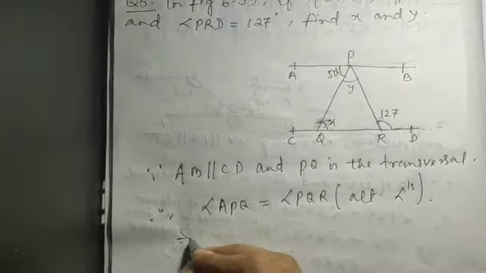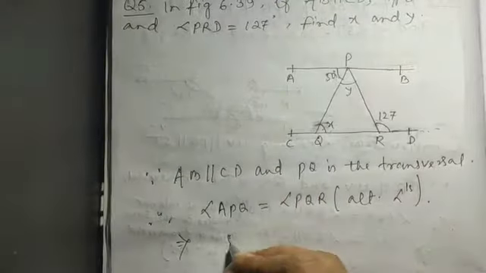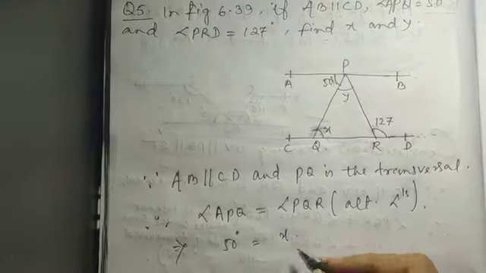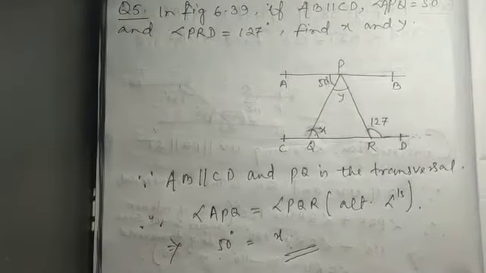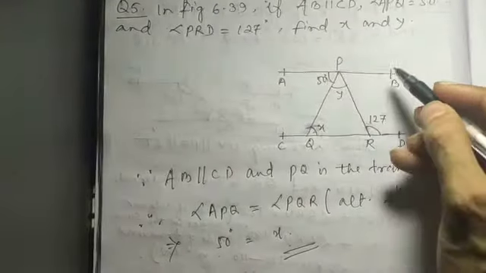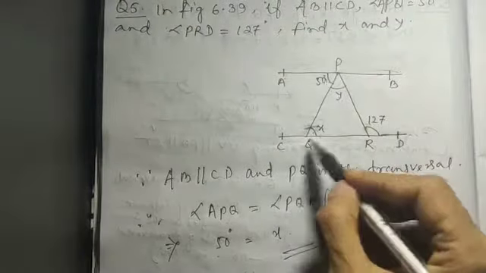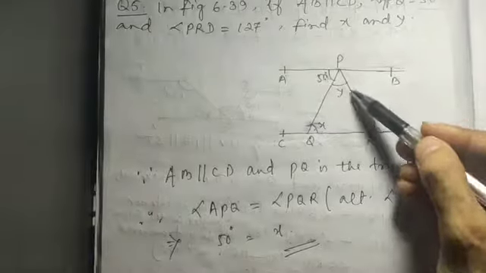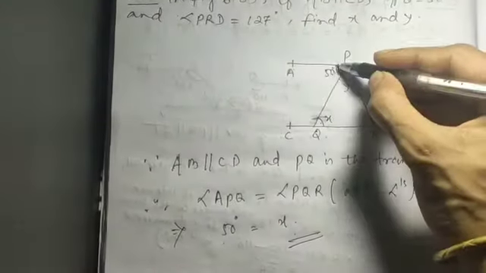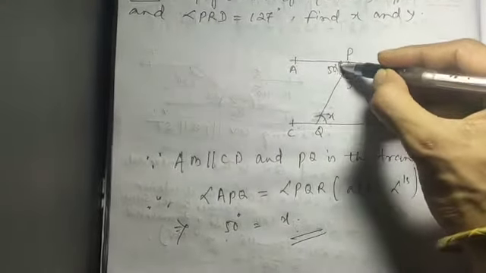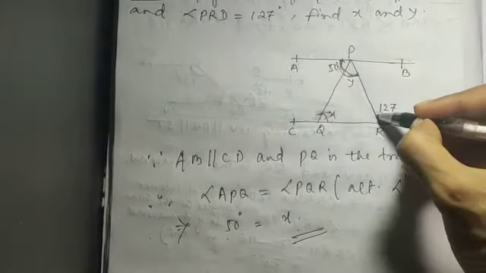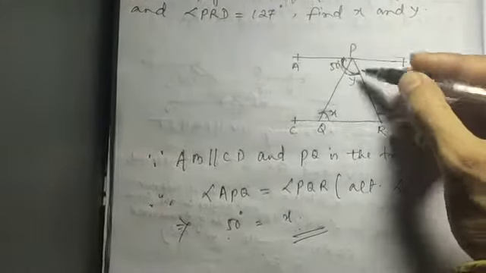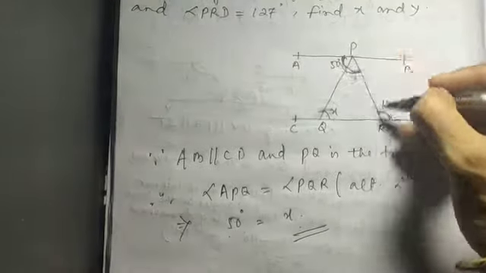So APQ is 50 degree and PQR is X. That means we got the X value as 50. Done. Now see, in the same way, AB is parallel to CD and PR is also the transversal. So this angle, that is 50 and Y both, and this 127, these two are alternate angles.